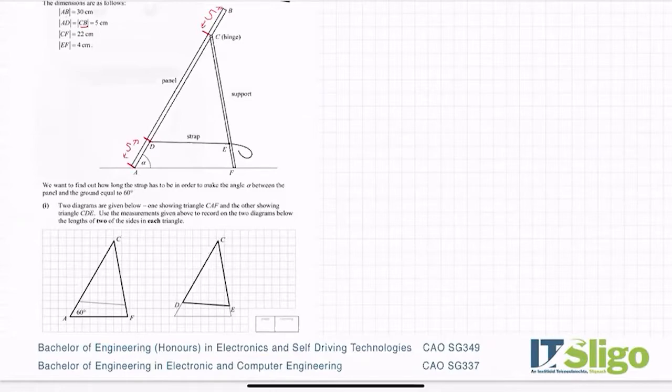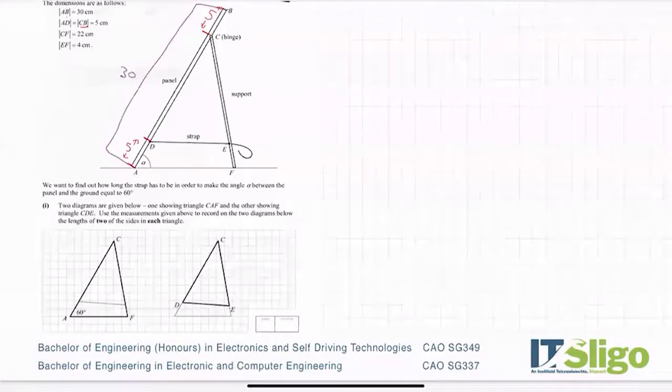Then AB in its entirety, so the whole lot, is 30, which must mean this bit in the middle is 20, because if I subtract the 5 and the 5 off the 30, this bit in the middle then must be 20.